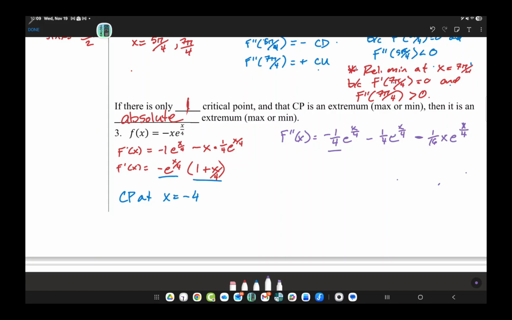You can combine these two, right? Because they're the same, right? So we get f double prime of x equals negative 1/2 e to the x over 4 minus 1/16 x e to the x over 4.